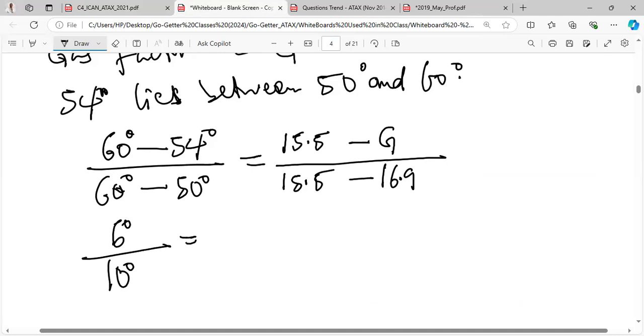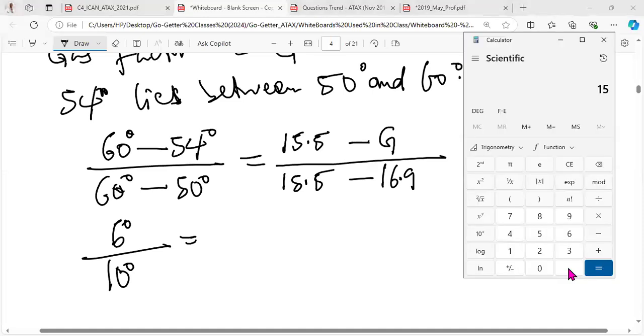So what will this one give us now? I will need this figure later. This is 15.5 minus 16.9. That gives us minus 1.4.